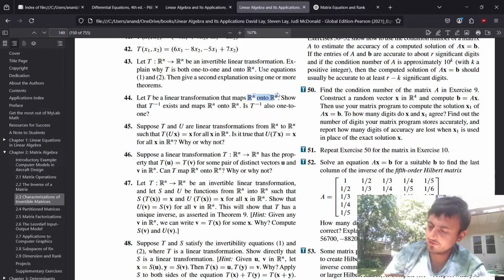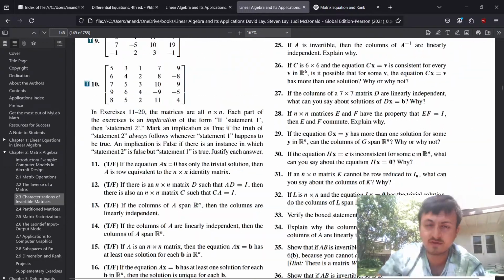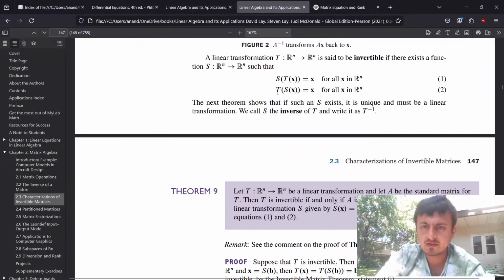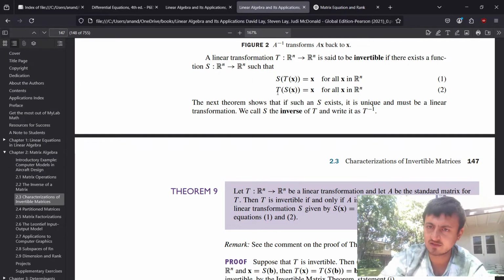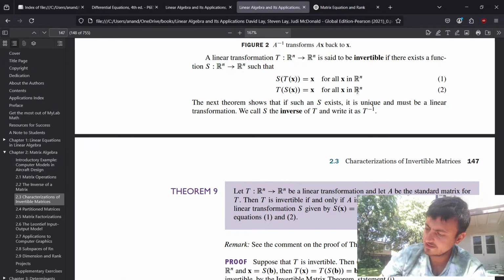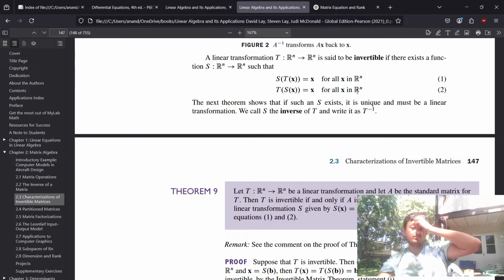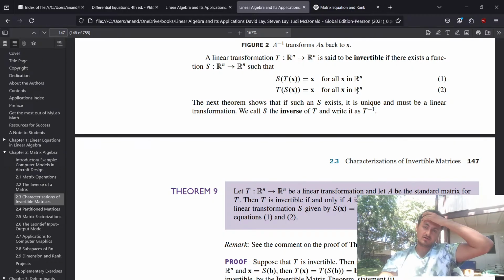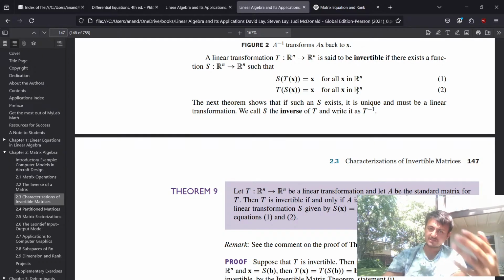And if it's invertible, then we have S of T of x is equal to x, and what's the other one? T of S of x is equal to x, right. Okay, but these are not the same Rn. So then we also have T of S of x is equal to x. So it's going to be onto, because the inverse exists.